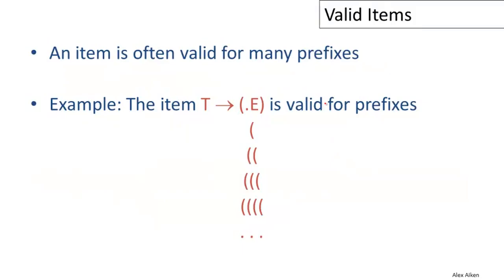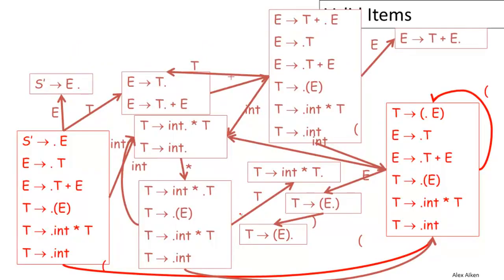Now an item is often valid for many, many prefixes. So for example, the item T → ( . E ) is valid for all sequences of open parens. To see that, we can just look at our automaton and confirm that if we see an open paren, remember this is the start state, we take this transition, we wind up in this state here, and then every open paren we see, we just go round and round in this state.